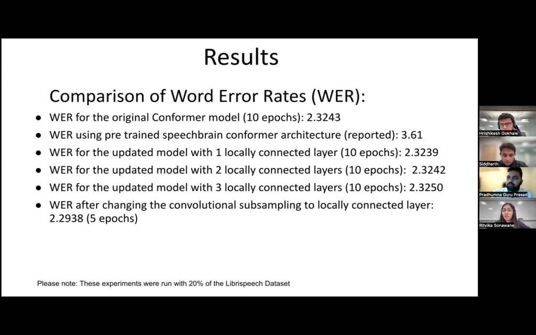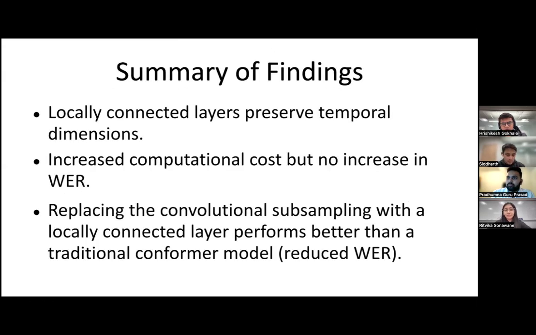What we observed was that the word error rate was more or less similar to that of the conformer model. And when we replaced the convolution subsampling, which was prior to the conformer block, the word error rate went down a little bit. We ran these experiments on 20% of the LibriSpeech data set, so more work needs to be done in that regard.